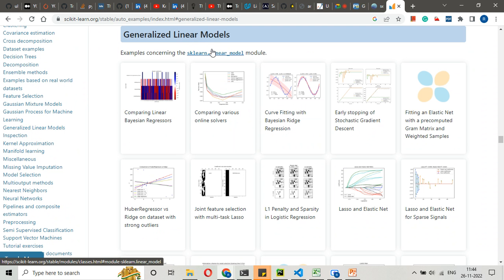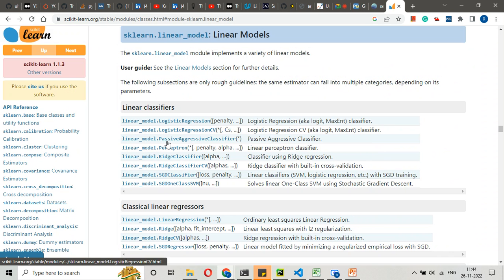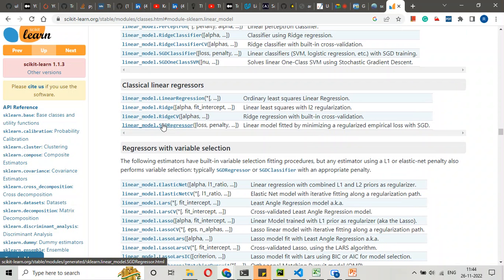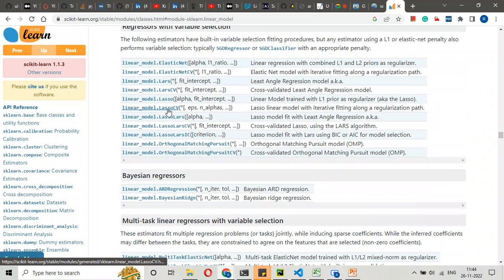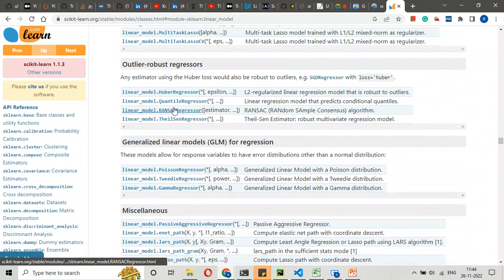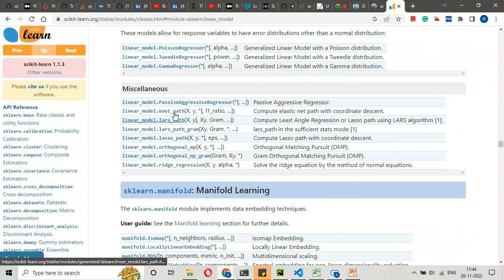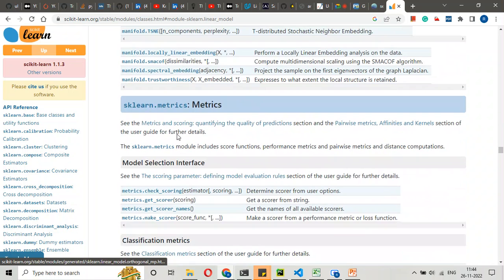You can see sklearn will have a lot: ridge classifier, logistic, linear, and then elastic net, lasso CV. All these libraries will have some features. Different linear models and regression models are there.